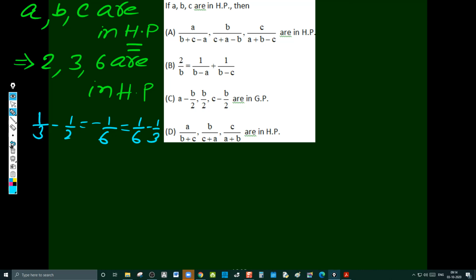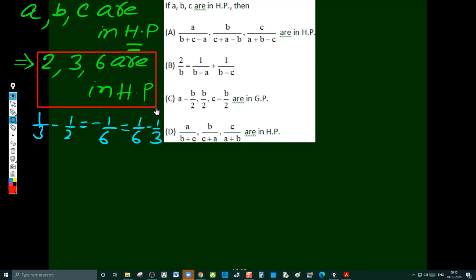The LCM is 6, giving 1 minus 2, minus 1 by 6. So you can comfortably take these as HP terms, and it will be very useful in solving problems related to HP. That is why I'm appealing to you, just remember this.